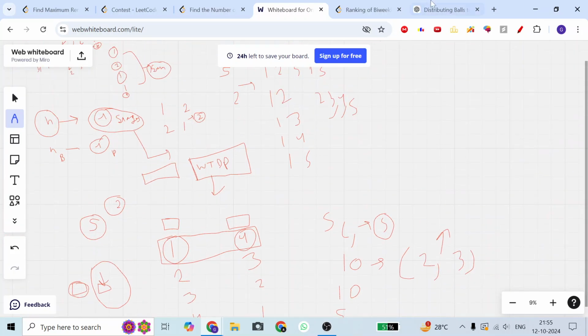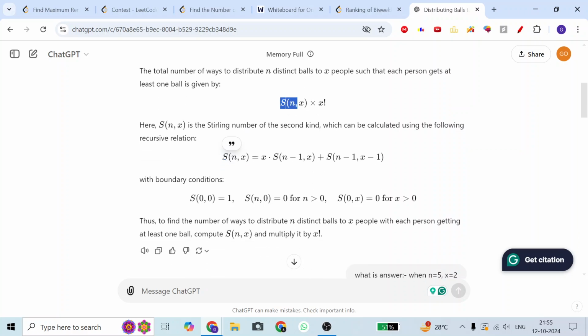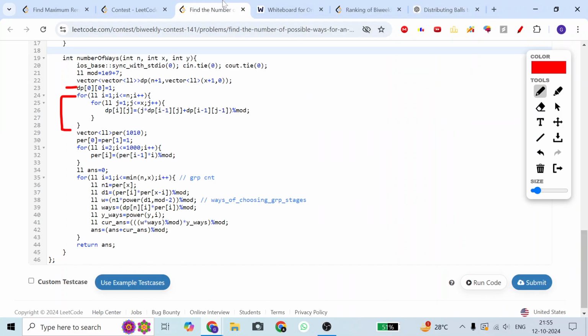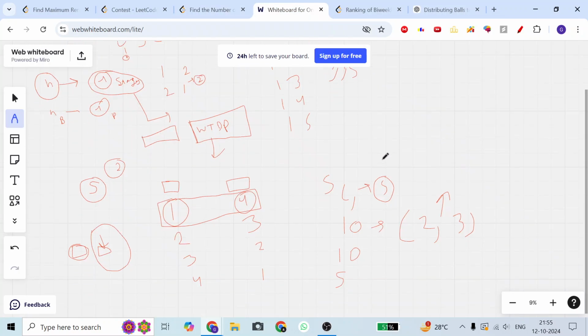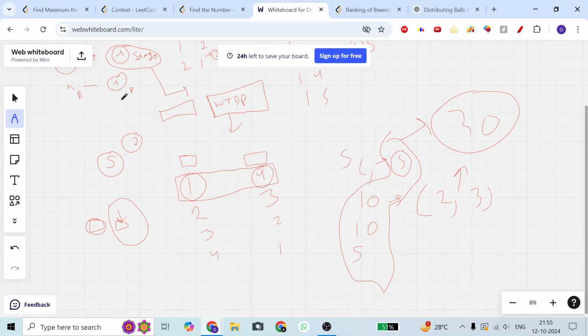So this Stirling number S(n,x) times x factorial will give me 30. What is 30? It is the number of divisions of my performers into x groups.